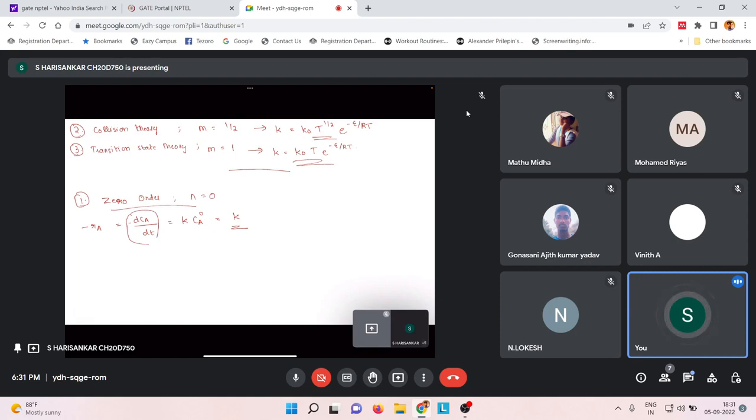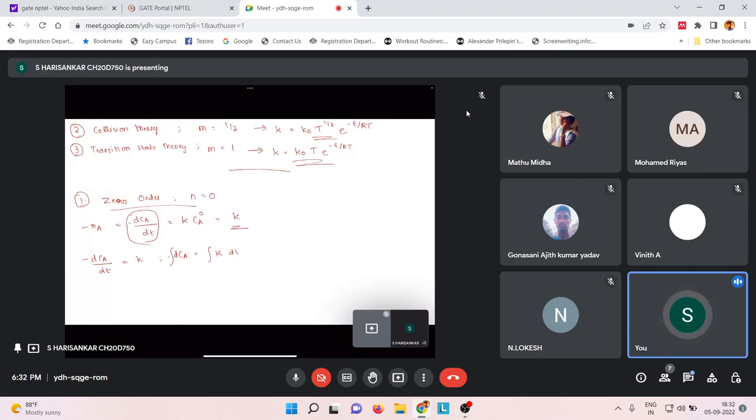Okay, so we know that minus dCA by dt is equal to K. So Ca will be what? Integral of dCA will be integral of K dt.